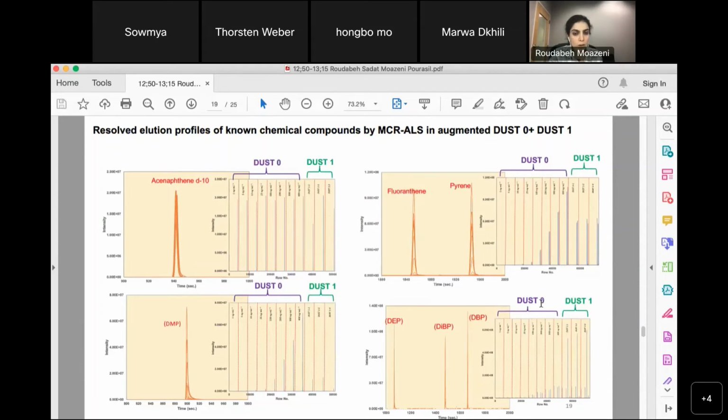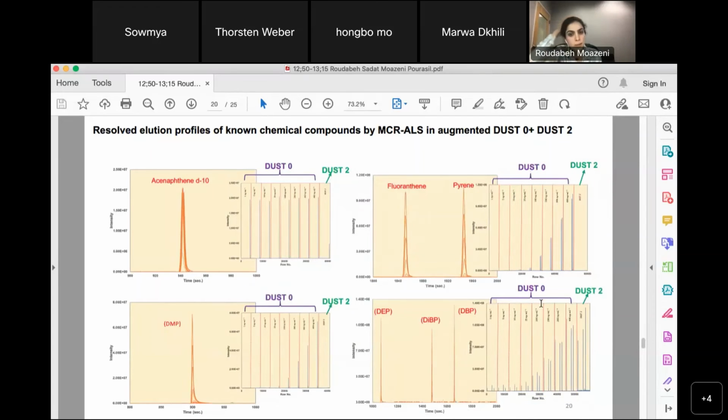Also on the bottom left-hand side, you can see the resolved elution profile has these peaks for dust 1 as well. On the left-hand side, these 2 chemical compounds also exist in dust 1, and you can see in the dust 1 zone these 2 peaks. At the bottom, you can see the 3 peaks in dust 1. Please go to the next slide.